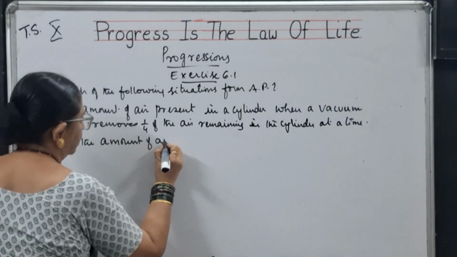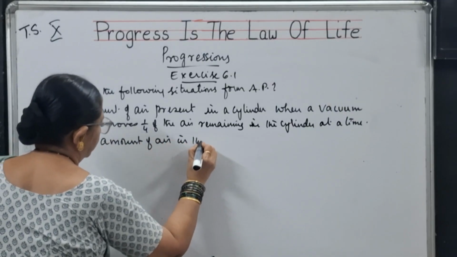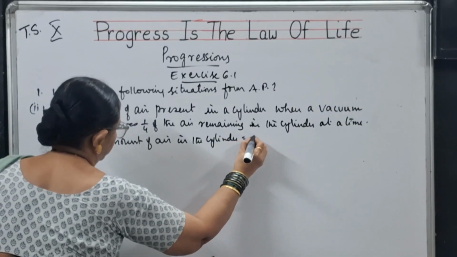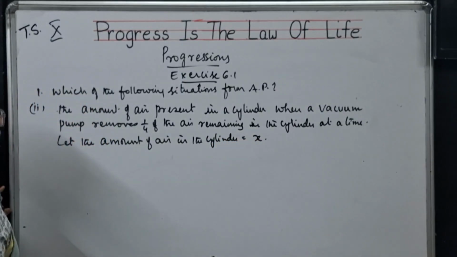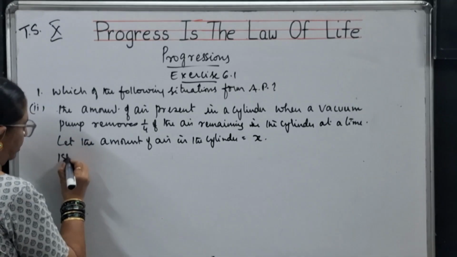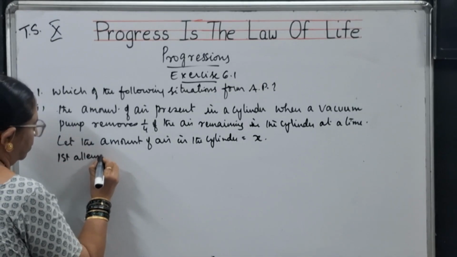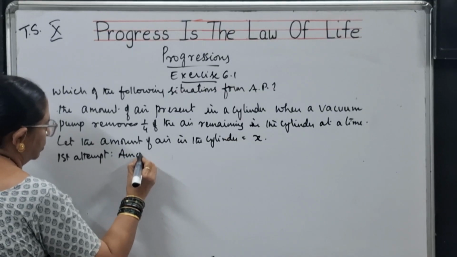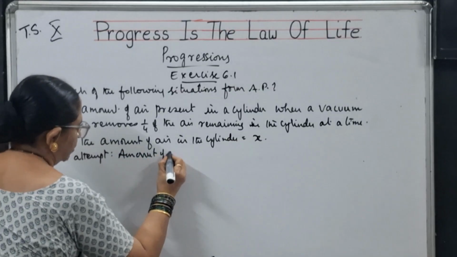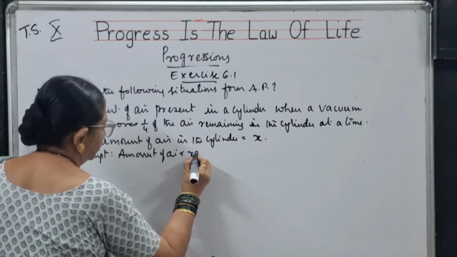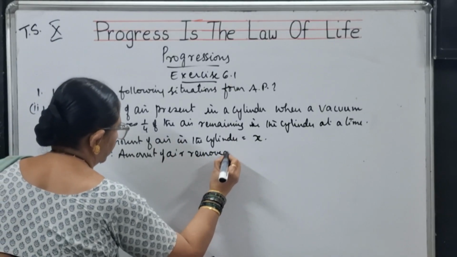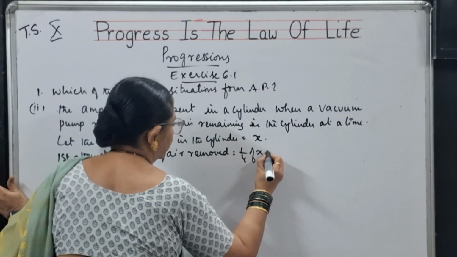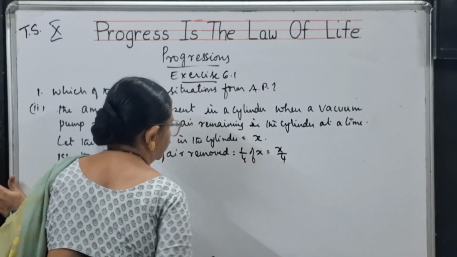So, let us suppose the amount of air in the cylinder is equal to x. Now, in the first attempt, the amount of air removed is equal to 1/4 of x, that means x by 4.